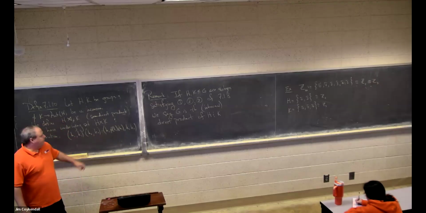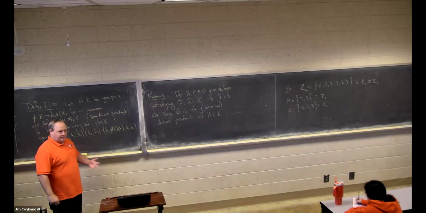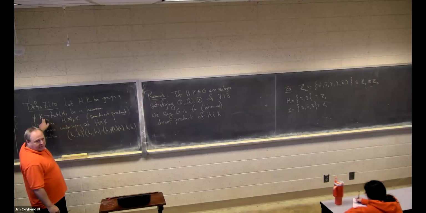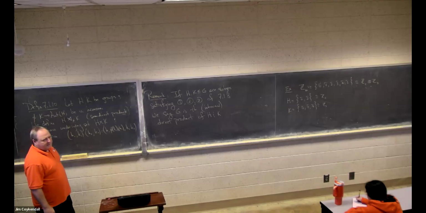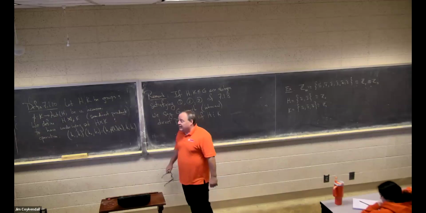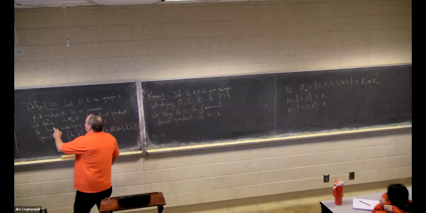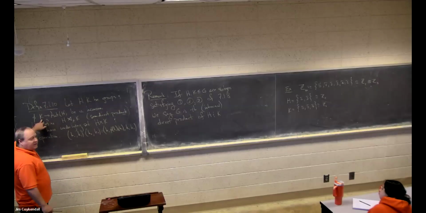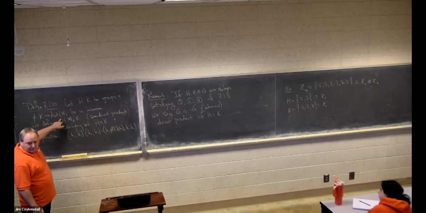Let me point out something, that the easiest homomorphism from K into Aut(H), in fact, the easiest automorphism, I'm sorry, any homomorphism from K here. You've always got the trivial homomorphism, right? Where you take everything in K to the identity.